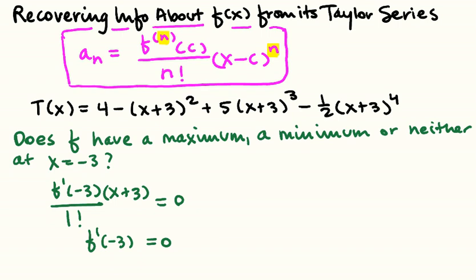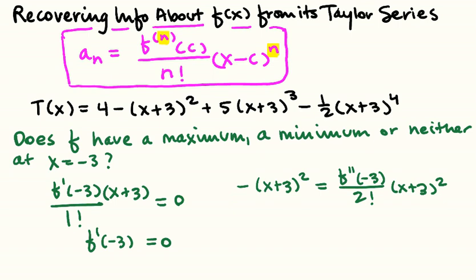I'm going to do some similar analysis on that x squared term. Negative x plus 3 squared is equal to the second derivative of f at negative 3 divided by 2 factorial times x plus 3 squared.